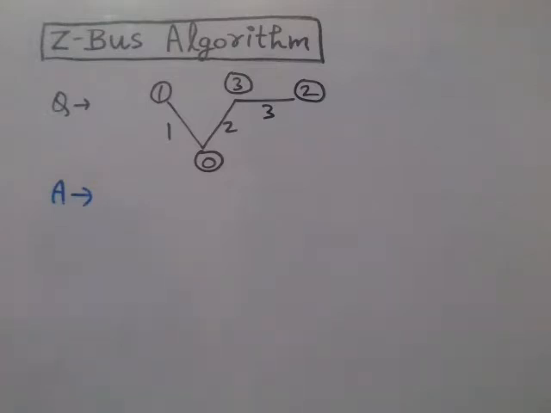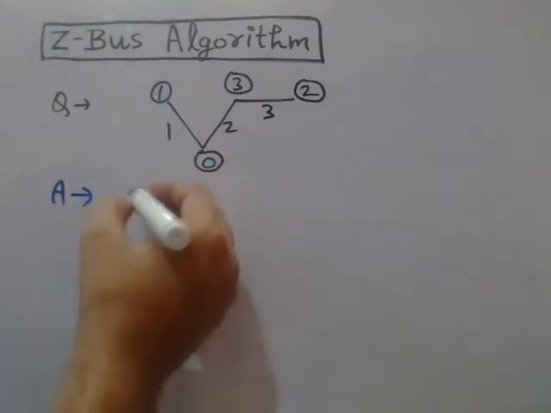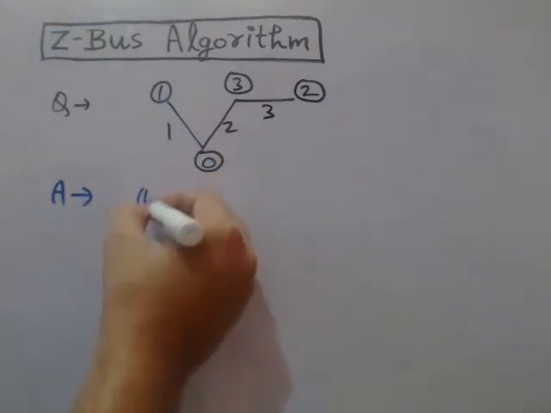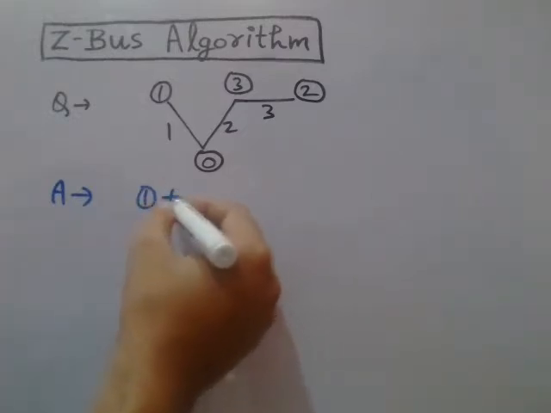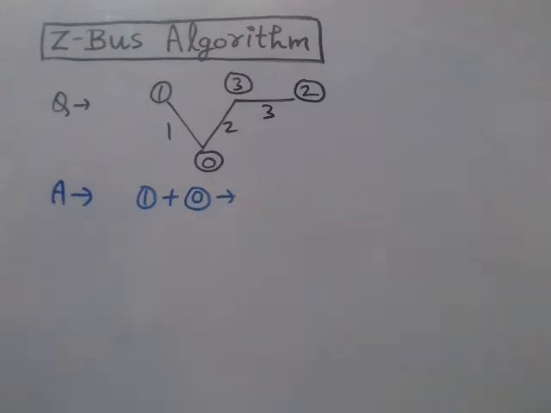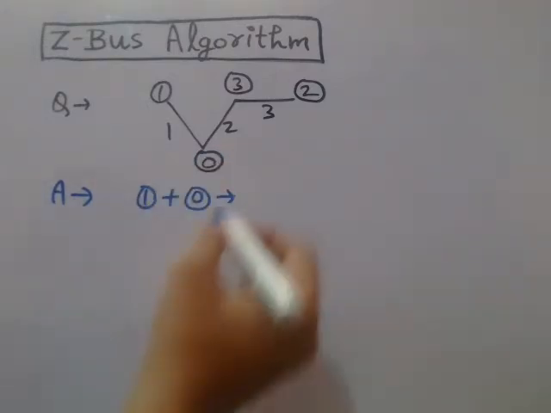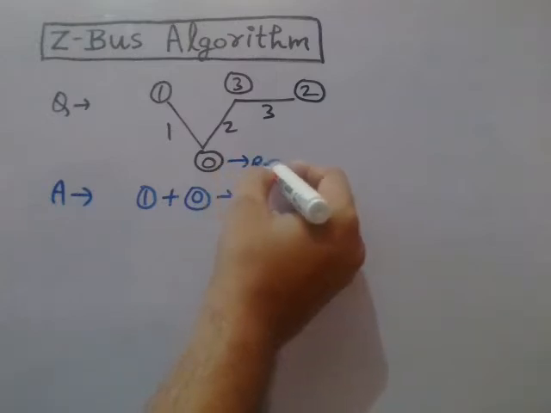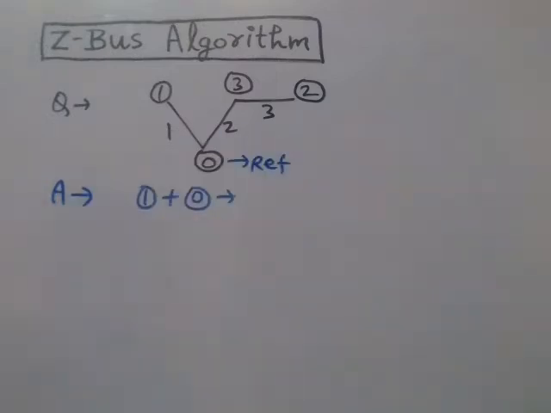So here you simply have to start with the reference node 0, right? Start adding a new element with the reference node. Let us first take bus number 1 or node number 1 being added to the reference node 0, right?